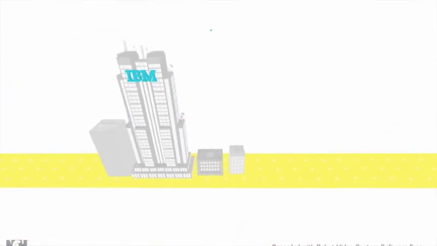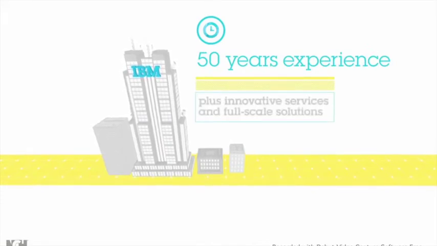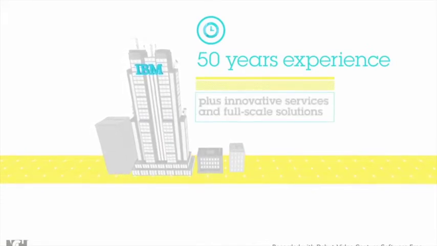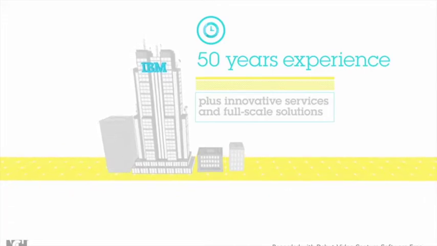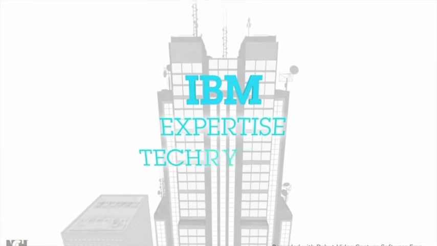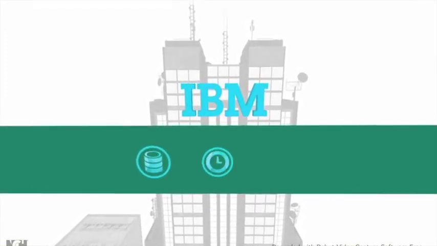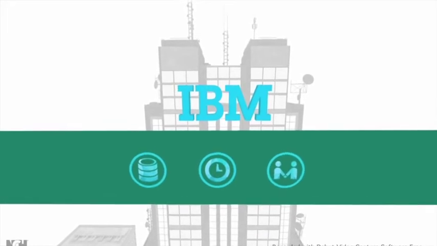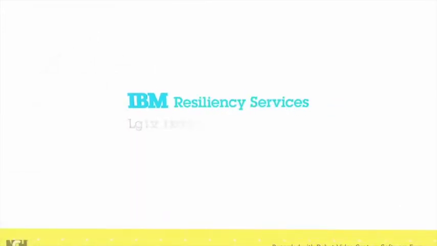With more than 50 years' experience in business continuity and resilience, plus innovative cloud services, full scale compute, data, and application resiliency and recovery solutions, IBM has the expertise and technology to help you proactively safeguard your data, productivity, and reputation, and to keep your business in business no matter what. To find out how IBM Resiliency Services can help keep your business always on, visit us online.